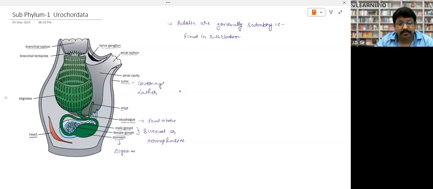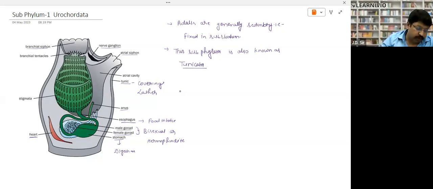This subphylum, Urochordata, is also known as Tunicata. Why?